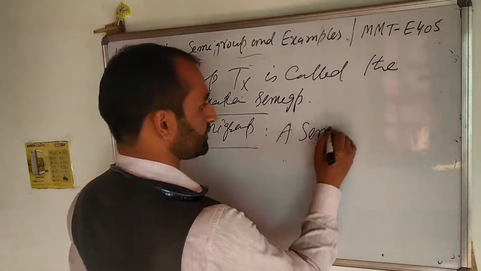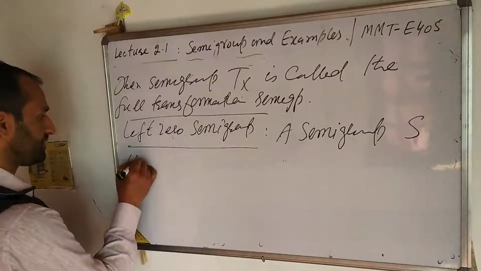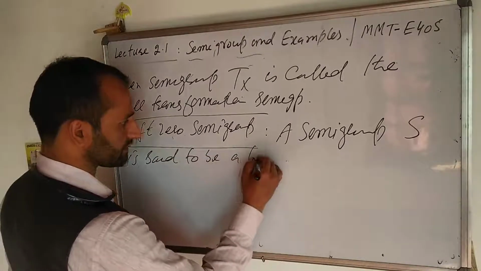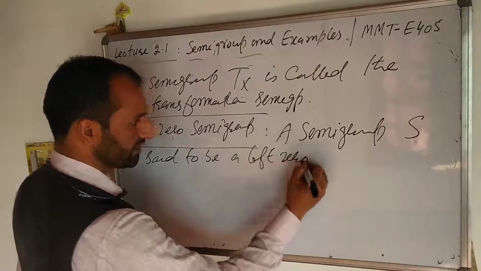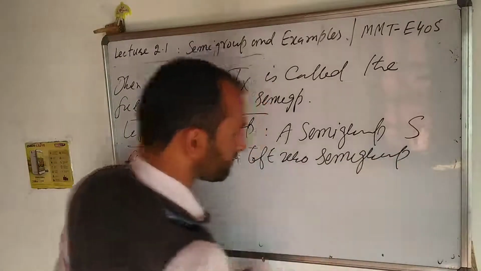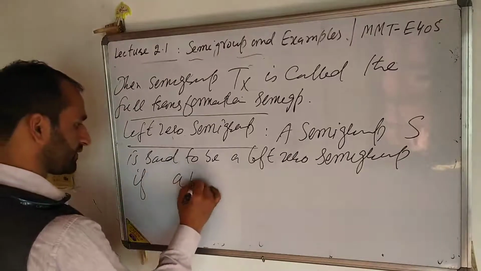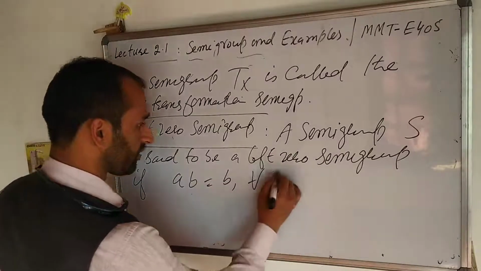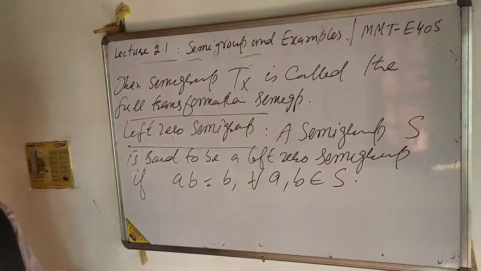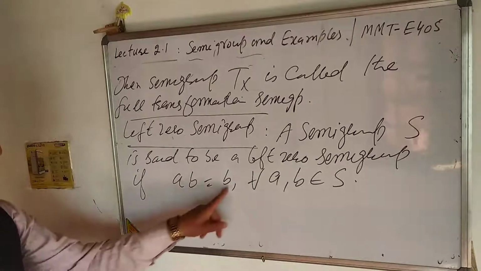A semigroup S is said to be a left zero semigroup if AB is equal to B for all A, B belongs to S. So that means for all B in S, AB is equal to B. So B is left zero.